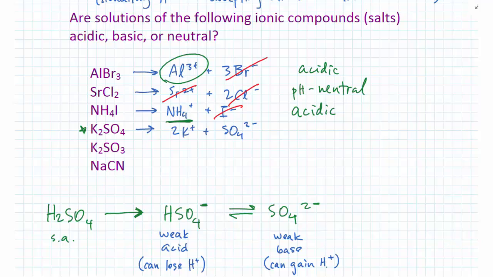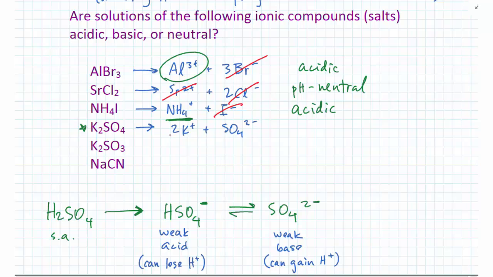So with that in mind, up here, K2SO4. Neutral on the K plus, right? Potassium hydroxide cannot form. And then we got sulfate ions over here, which is the normal kind of thing an anion would be. So what would this solution be? Basic.